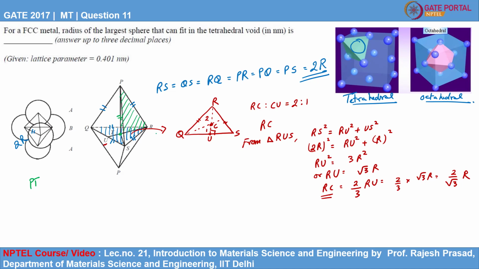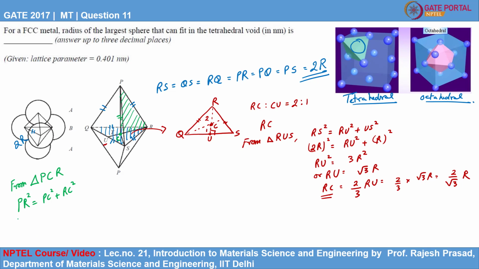This point is C, the centroid of the base triangle. So from this right angle triangle PCR, if I apply the Pythagoras theorem, PR is the hypotenuse, so PR square shall be equal to PC square plus RC square.